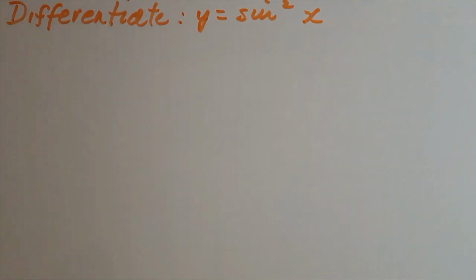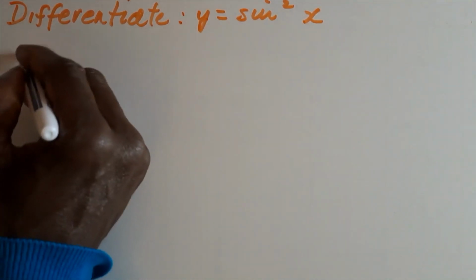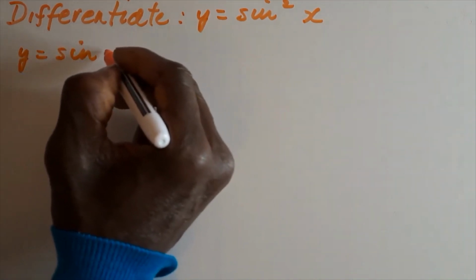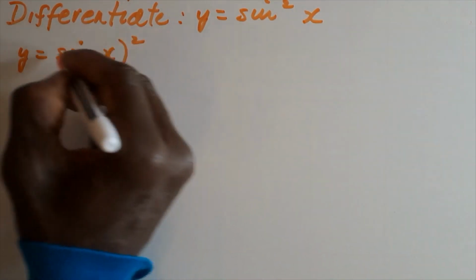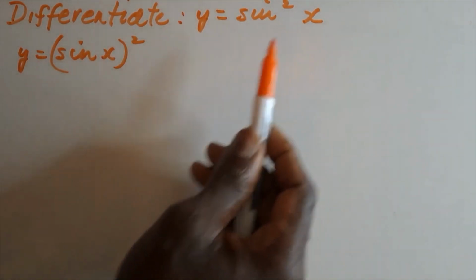Hi, how do we differentiate this trig function, which is a function of a function? So we can rewrite that as y is equal to (sine x) all squared. It's the same, but it's just conventional and standard to write it in this format.